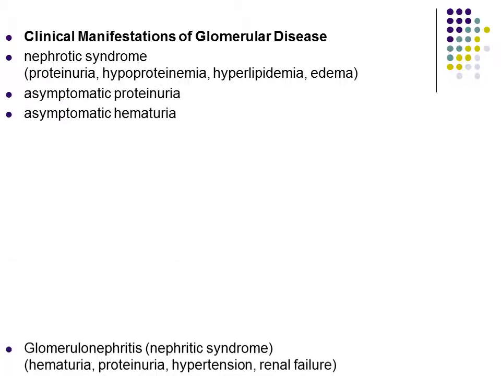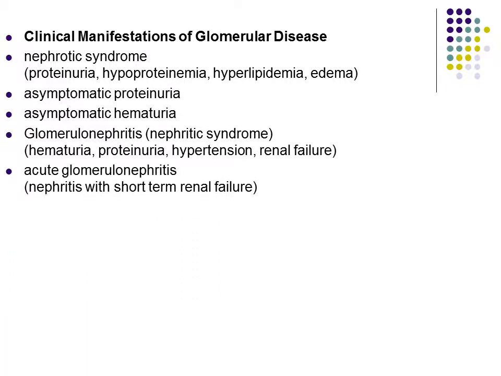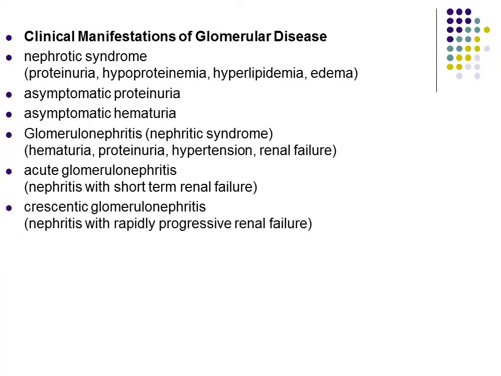Then what are the clinical manifestations of glomerular diseases? We have seen some of these previously. Nephrotic syndrome, as I said, is characterized by heavy proteinuria, more than 3.5 grams per day, because of which there is hypoproteinemia, or hypoalbuminemia. There is hyperlipidemia, because hypoalbuminemia will lead to activation of the liver to produce more and more albumin.